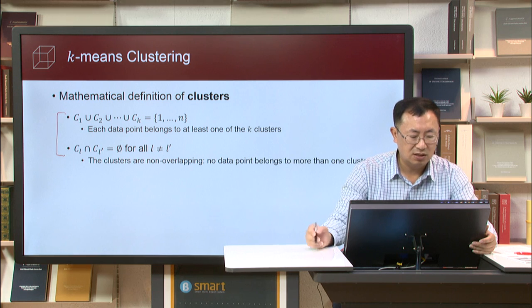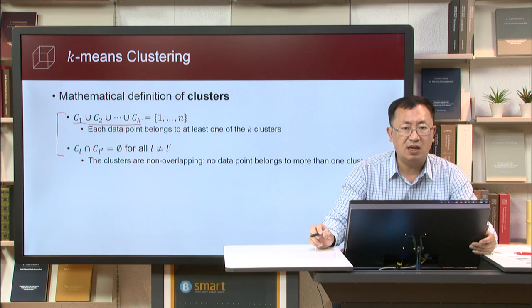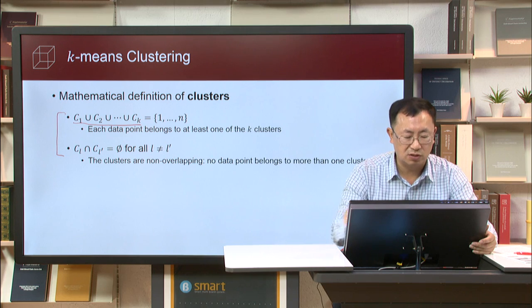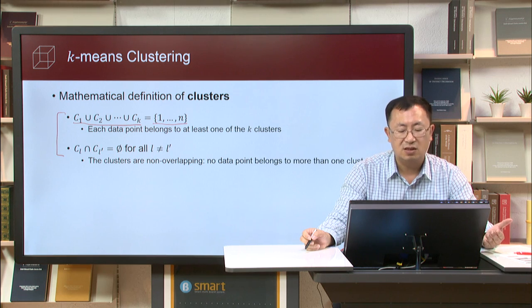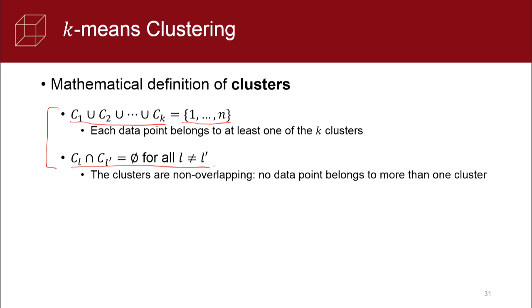The first condition is that the union of the k clusters is equal to all the data points, so each data point belongs to at least one of the k clusters. The second is that if you consider two different clusters, the intersection of the two clusters must be the null set. In other words, the clusters are non-overlapping, so no data point belongs to more than one cluster. That is nothing but a partition of the data points.